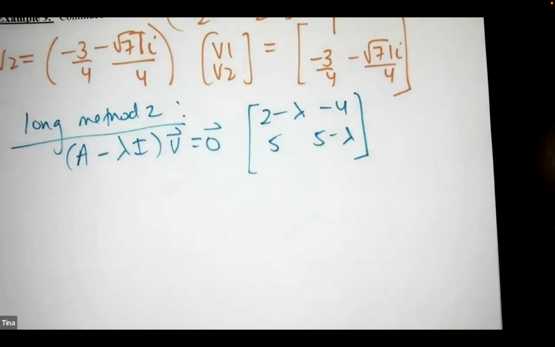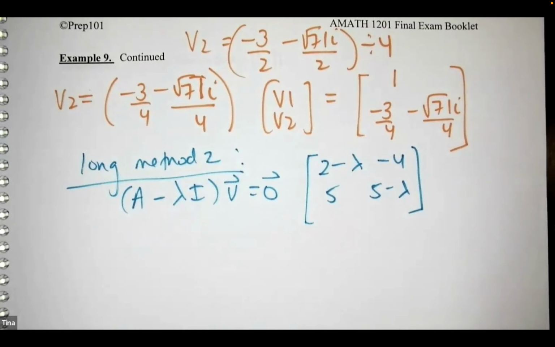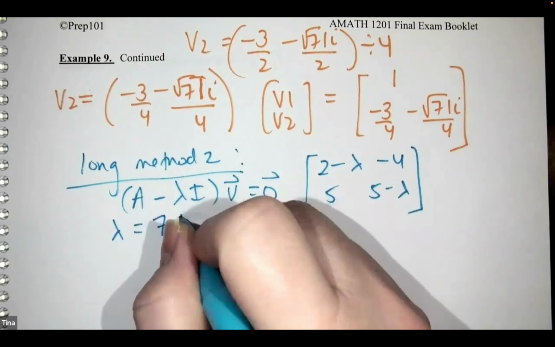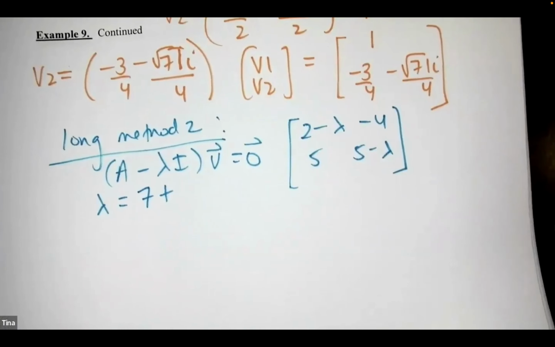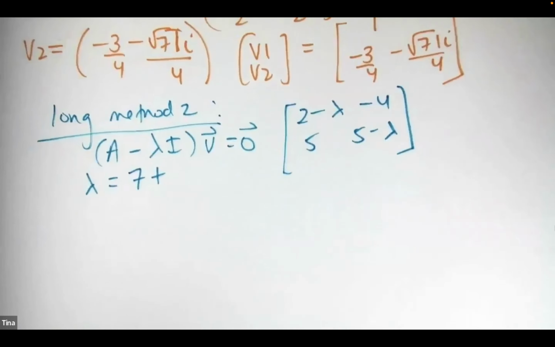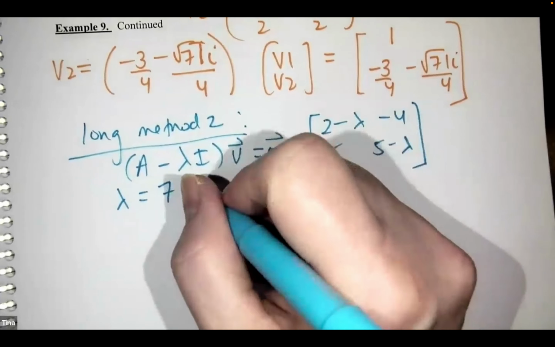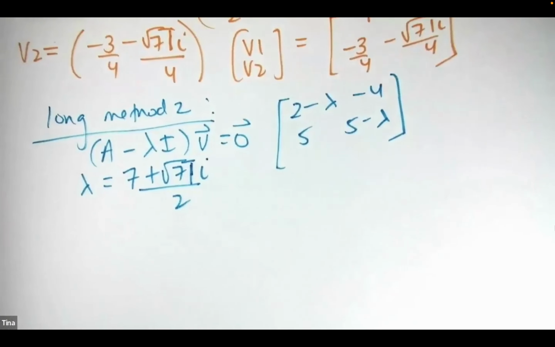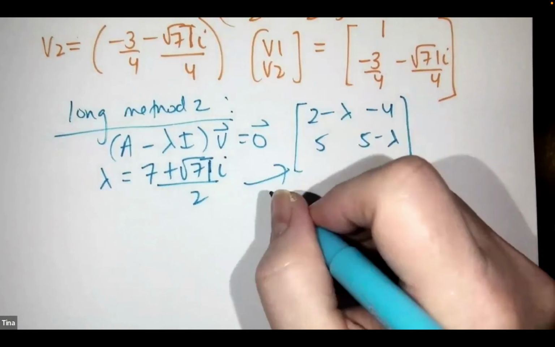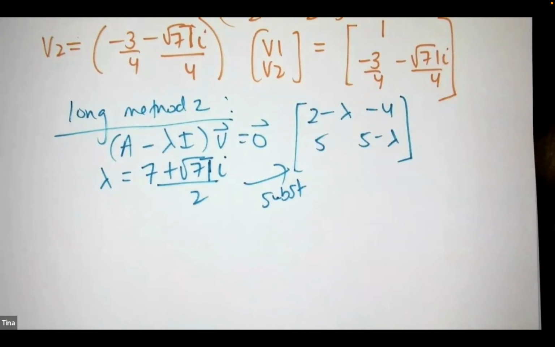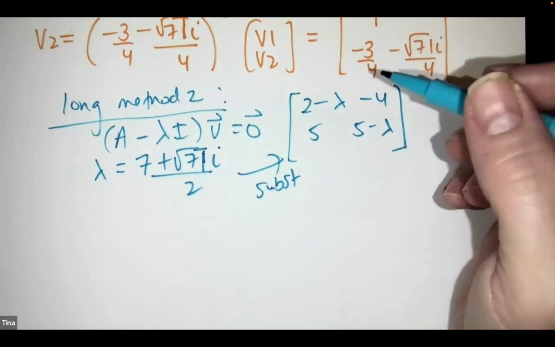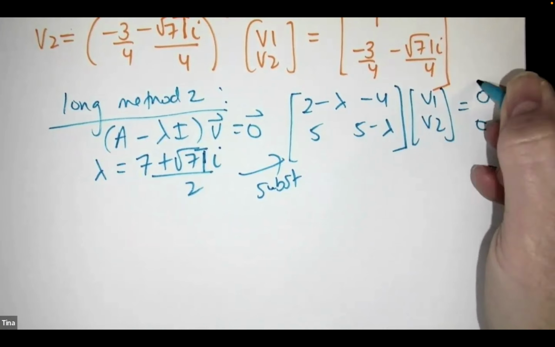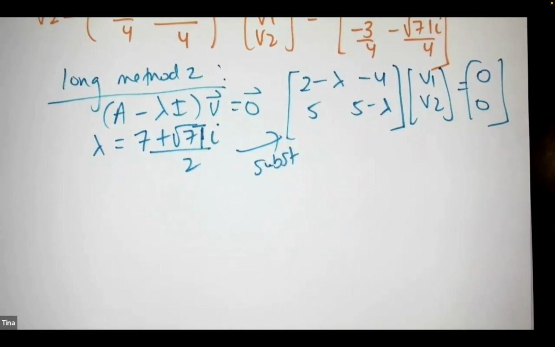So if I put the lambda in there, which was 7 plus root 71i over 2, and we substitute that in, times v1, v2 equals the 0 vector.